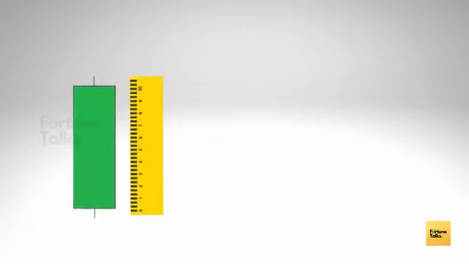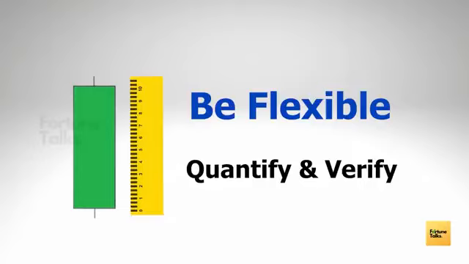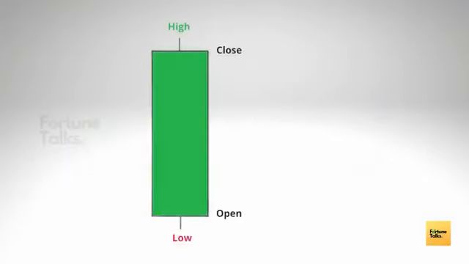But we have to be flexible with patterns. That is, we have to first quantify and verify, because in the market the patterns generally don't occur exactly the same way as mentioned in those textbooks. So let's look at this green candlestick pattern where the price has closed higher for the period. It has opened lower and closed higher, which means it is a bullish candlestick, and there is a small lower wick and a small upper wick.